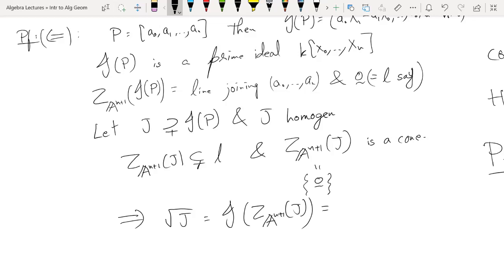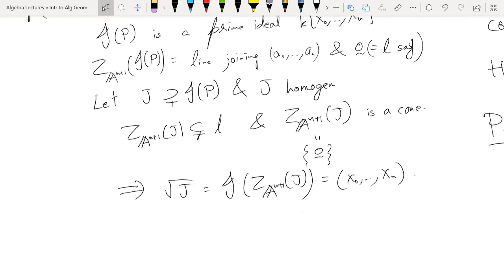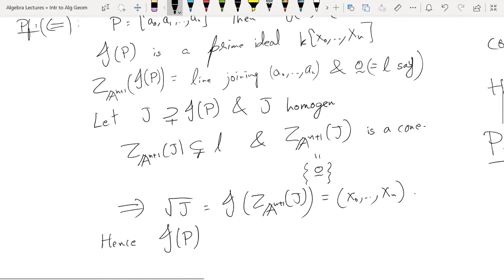And this is 0, so the ideal of this is just (x0, ..., xn). So any homogeneous ideal which is strictly bigger than IP, its radical must be equal to the relevant maximal ideal. Hence IP is homogeneous maximal.